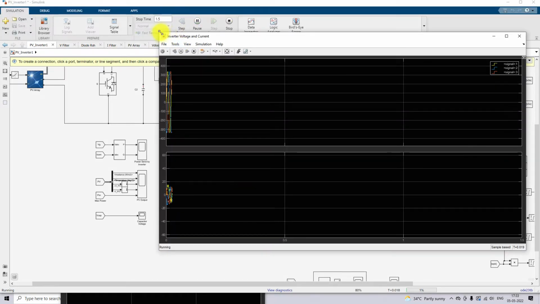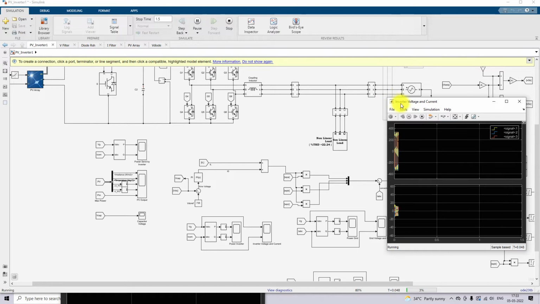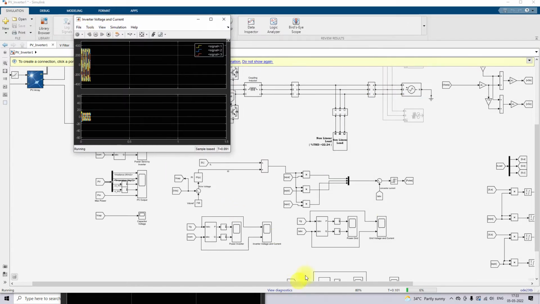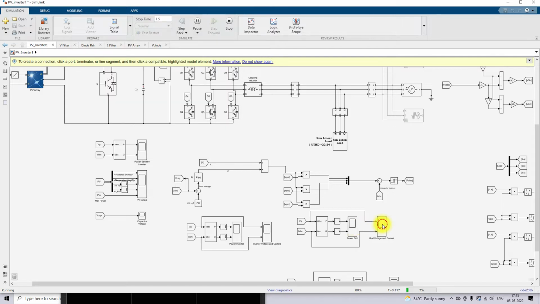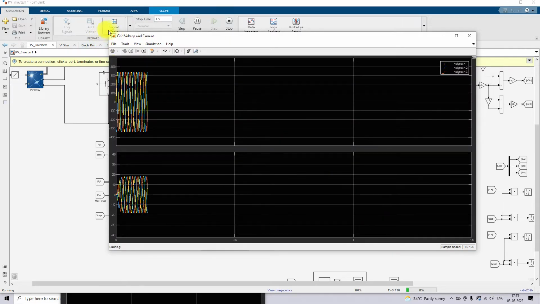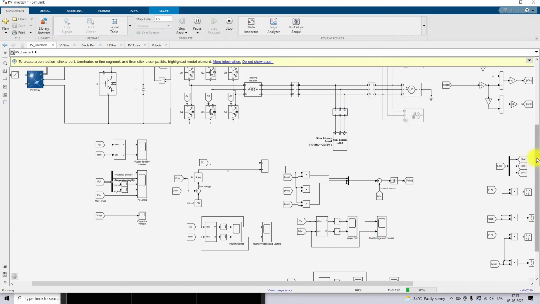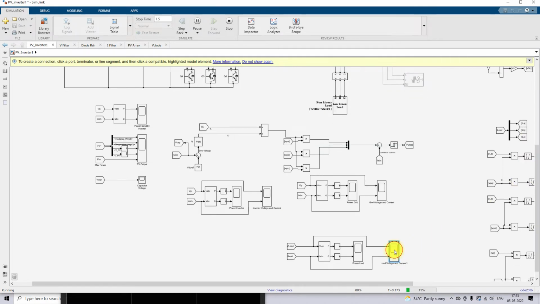So this is the inverter, the voltage source inverter voltage and current, and then I'm going to open the grid voltage and current, and then I'm going to open the load voltage and current.